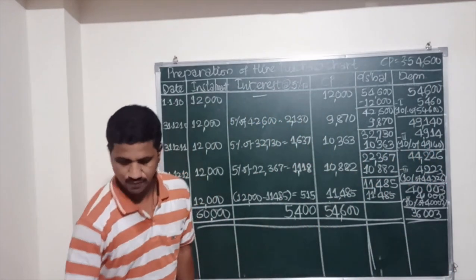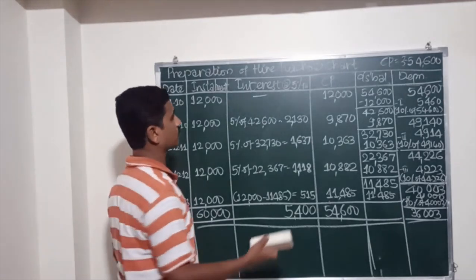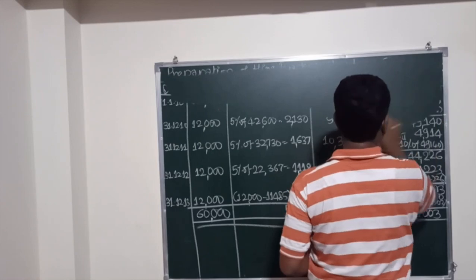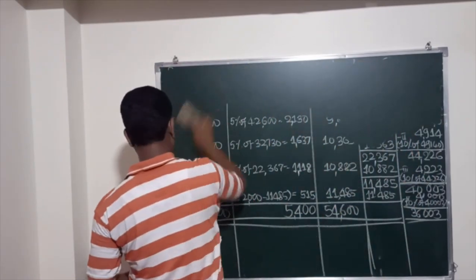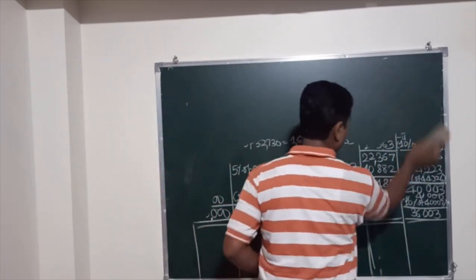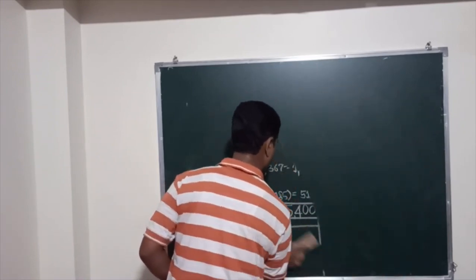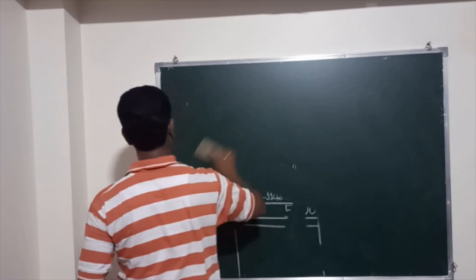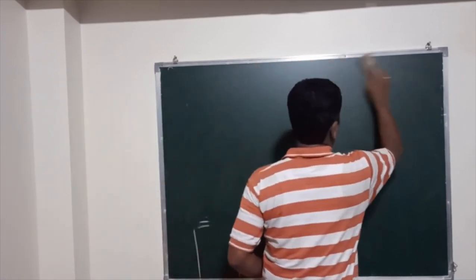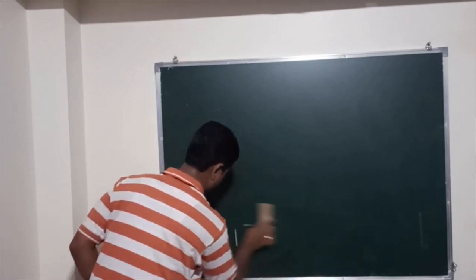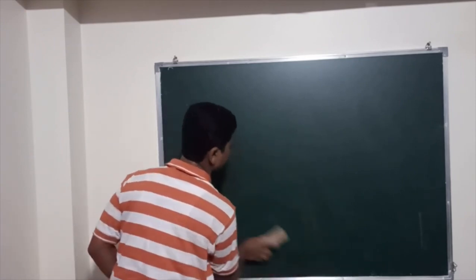So now let us go for preparing the accounts in the books of hire purchaser here. So in this problem we are asked to prepare necessary ledger accounts here. So we need to prepare the first asset account, that in this problem is computer account.